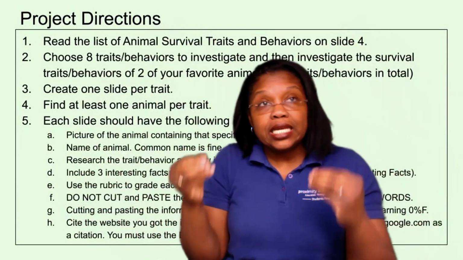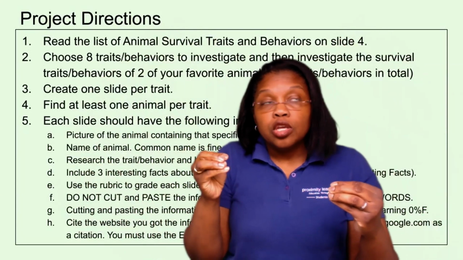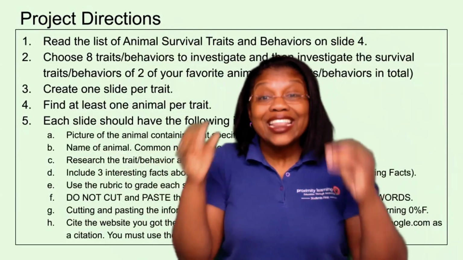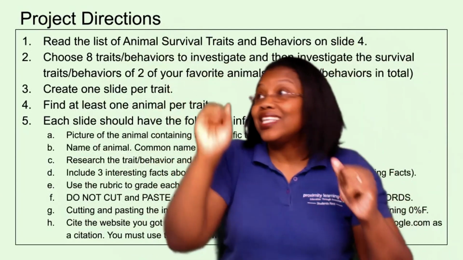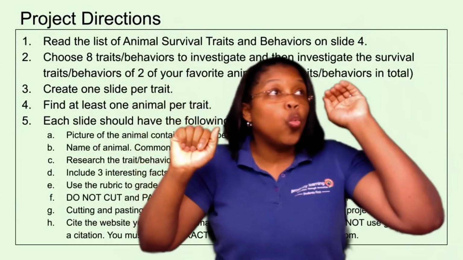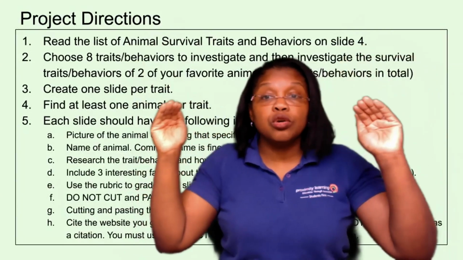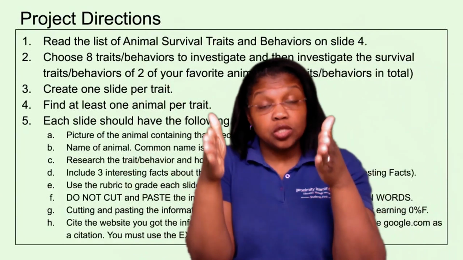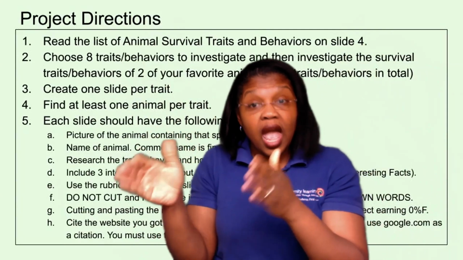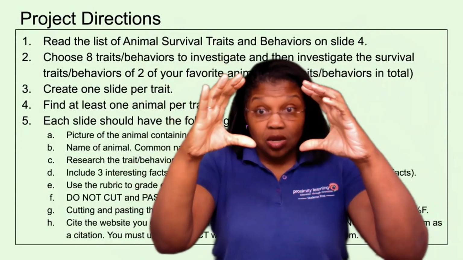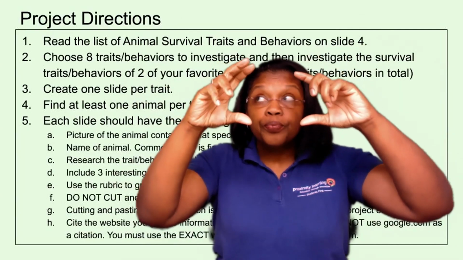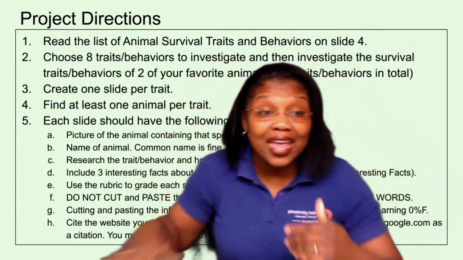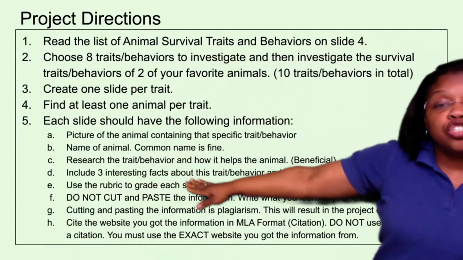If your trait is web making, okay, that's the focus. So how does this animal use web making to survive? You know what I'm saying? So you got to have a focus on each slide. After you focused on that one trait or behavior, then you can give me the 3 interesting things.